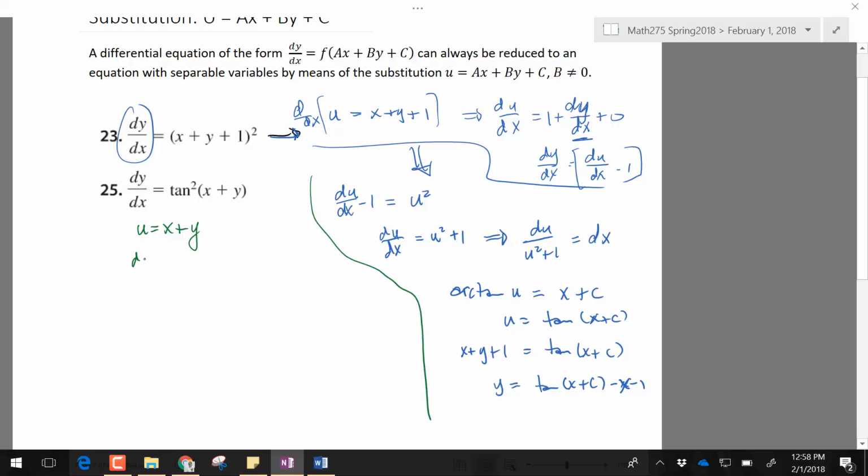So our du dx is 1 plus dy dx. And that says that dy dx equals du dx minus 1. And so we change everything.